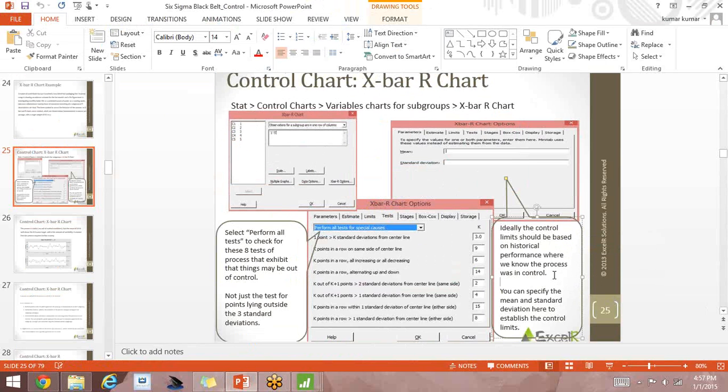Earlier, when the process was in control, you would have collected some data. Based on that data, you will have to come up with the mean and standard deviation. Those values you put here, mean and standard deviation, which will help you calculate your control limits. Otherwise, these control limits are calculated based on some formula which we are going to discuss.